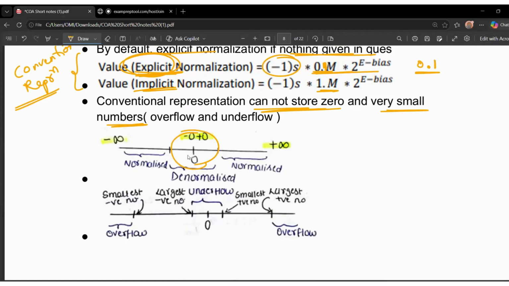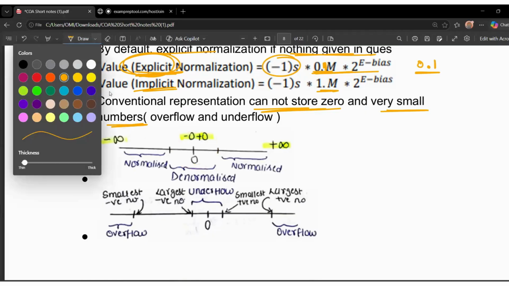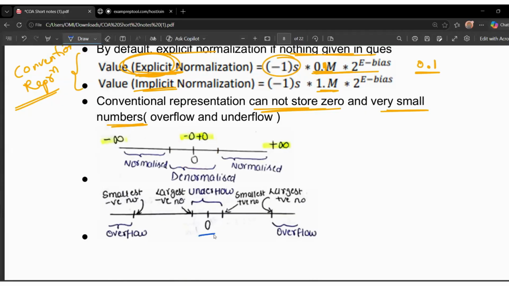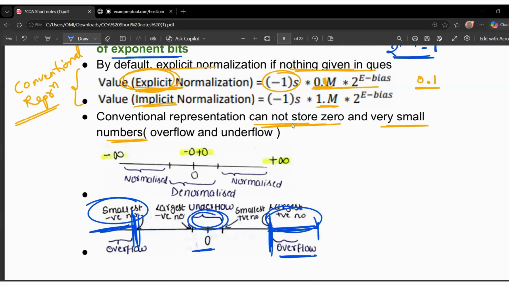Look here: this is the underflow, for very small numbers, and this is the overflow. We can't store the smallest negative, smallest positive, or largest values, so we can't store zero and very small numbers, overflow and underflow.